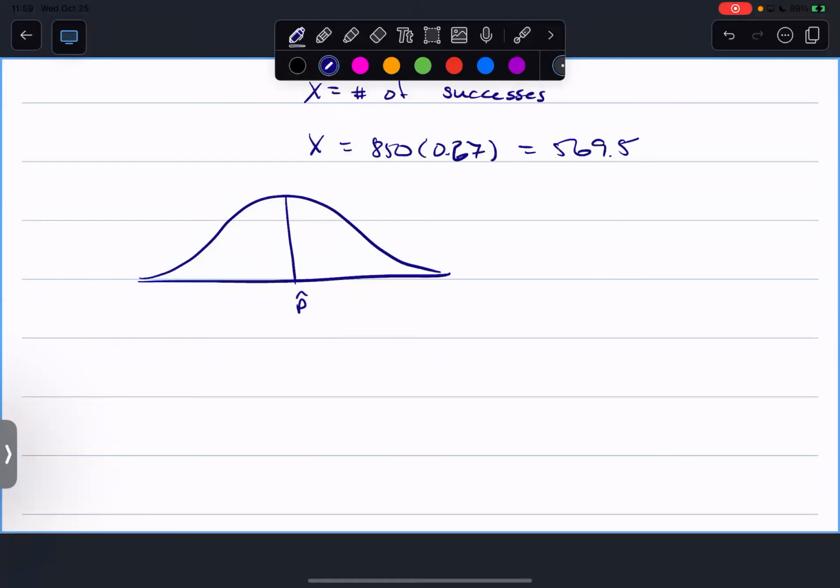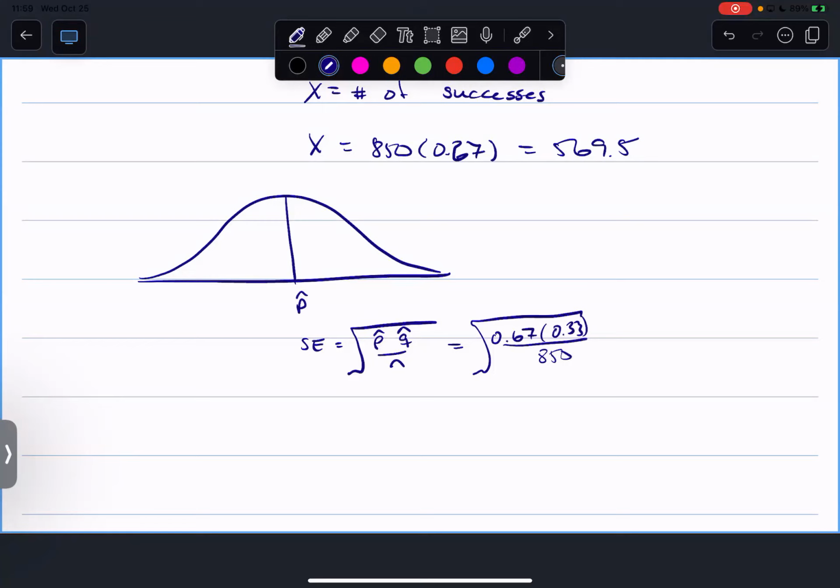We also know that the standard error is the square root of p hat q hat over n. What's really fun is we have all these components. So here the standard error is the square root of 0.67 times 1 minus 0.67, which is 0.33, divided by 850.